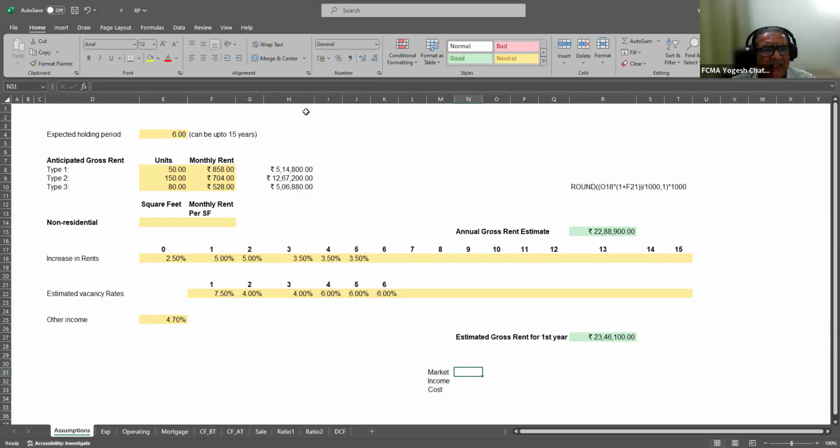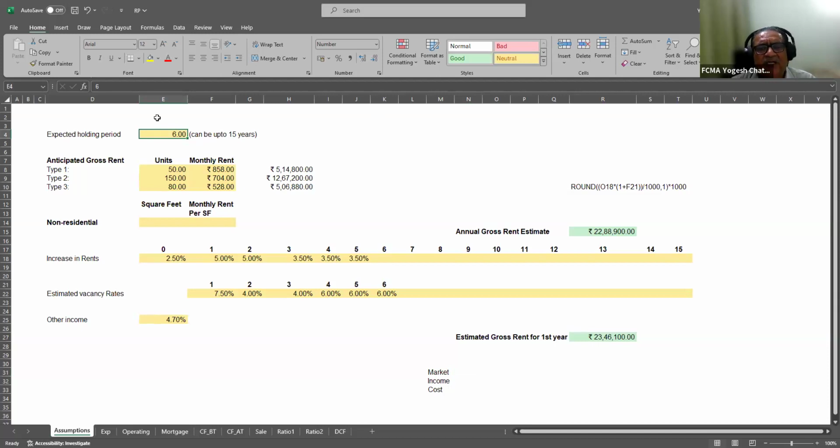So here I have made this assumption: supposing there is a residential property, commercial cum residential property, and that is fully rented.